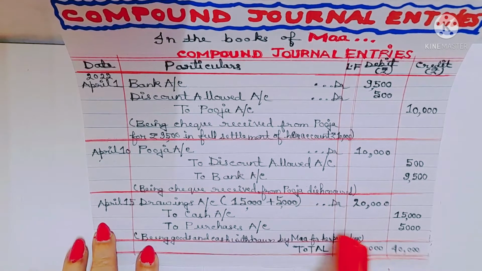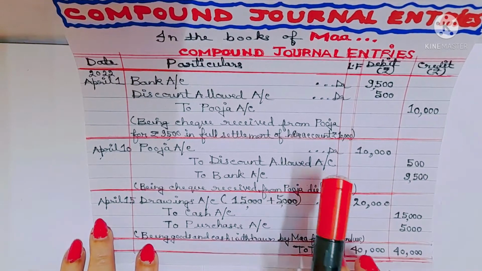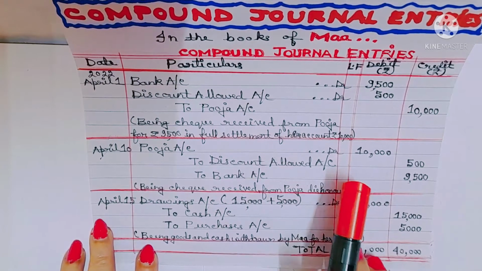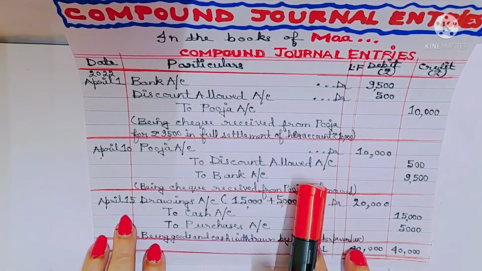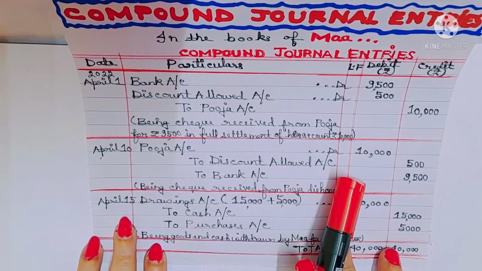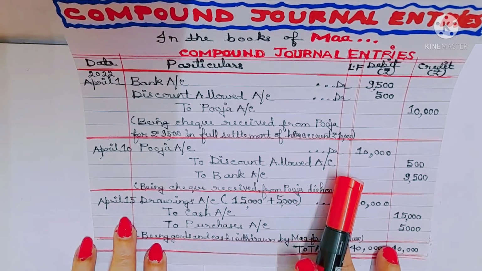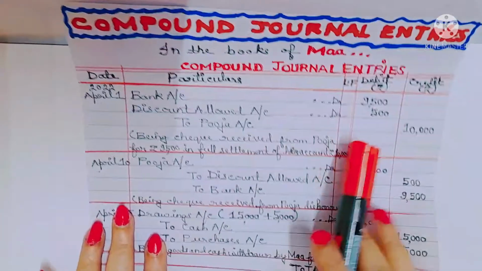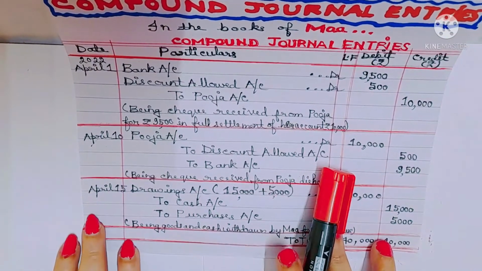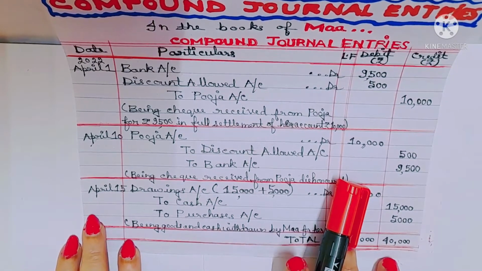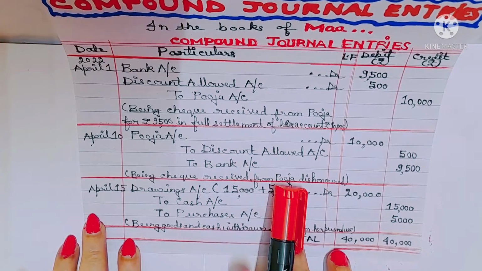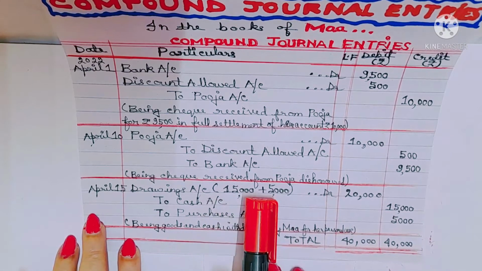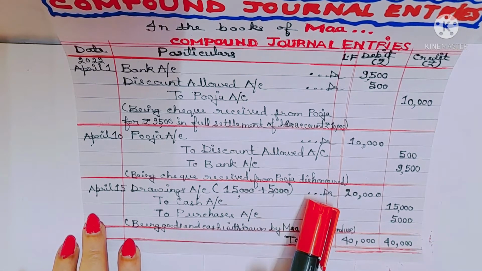Always remember, if the proprietor, here Ma, has withdrawn cash and goods for personal use, it should always be termed as drawings account. If cash or goods are withdrawn for personal use by the proprietor, it should be termed as drawings account, and drawings account should always be debited.